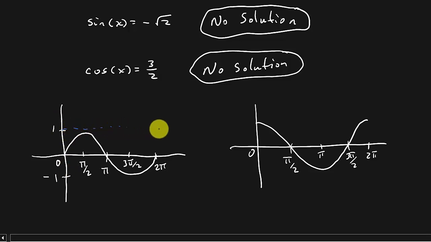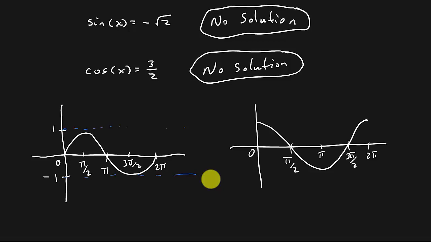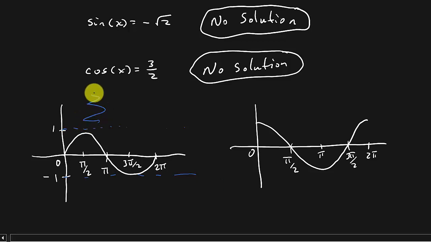Do you notice all of our y values are between -1 and 1? Whenever you take the sine or cosine of an angle, you'll never get an answer above 1 or below -1. And you can see this number is 1.5. That's above 1.